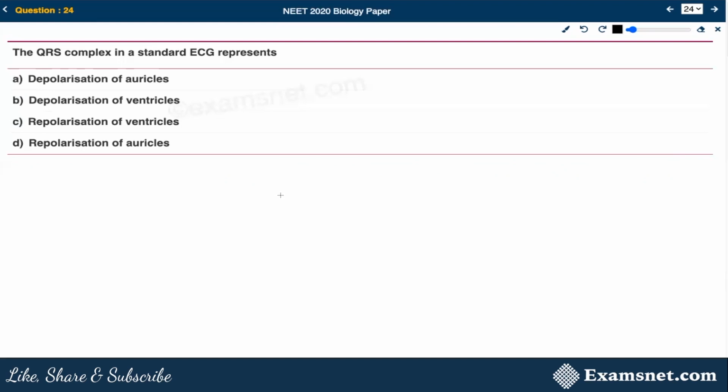The electrocardiogram is a graph that represents the beating of the heart. So the QRS complex, if you look, comes out to be here.